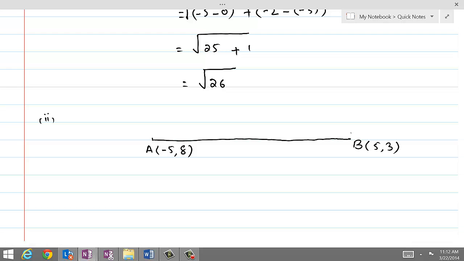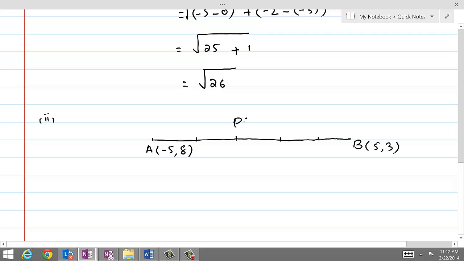It means that if we divide the total distance between AB into 5 parts, 1, 2, 3, 4 and 5, then P is at 2/5, means out of 5 divisions, P is after 2 divisions.